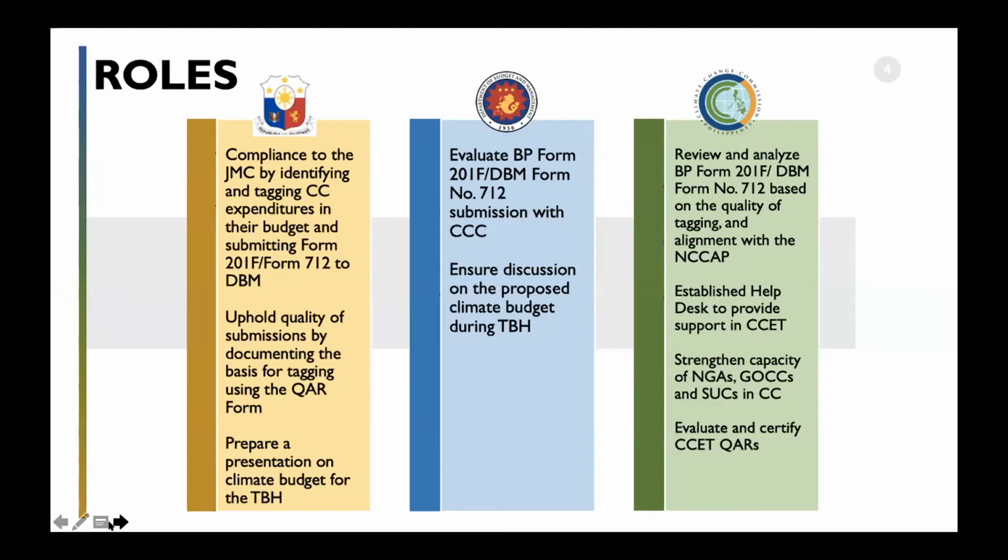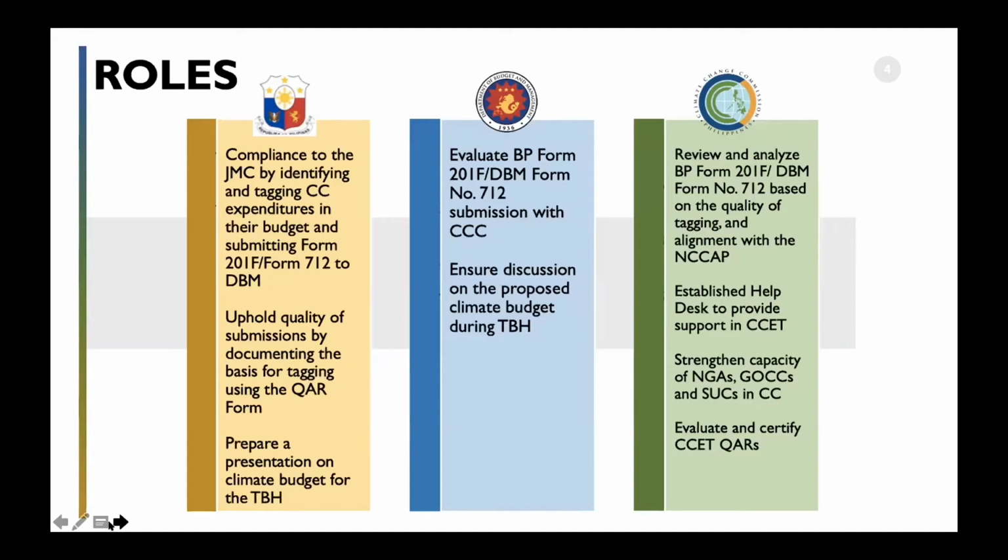We are also tasked under the Joint Memo Circular, particularly the local CCET Joint Memo Circular, to establish the helpdesk to provide support in CCET, and we just expanded it to also include support systems for NGAs, SUCs, and GOCCs.